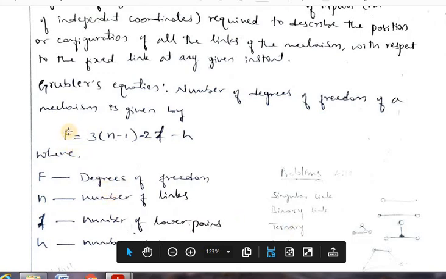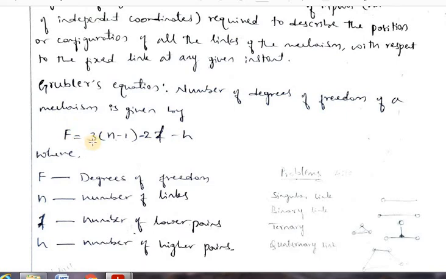F is equal to 3 into (n minus 1), close the bracket, minus 2L minus h, where F indicates degree of freedom, L is the number of lower pairs and small h is the number of higher pairs. This equation is used for finding the degree of freedom for the given mechanism.